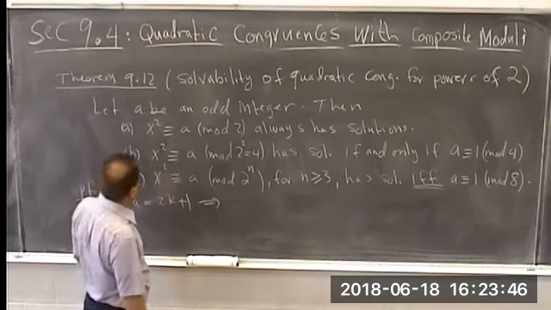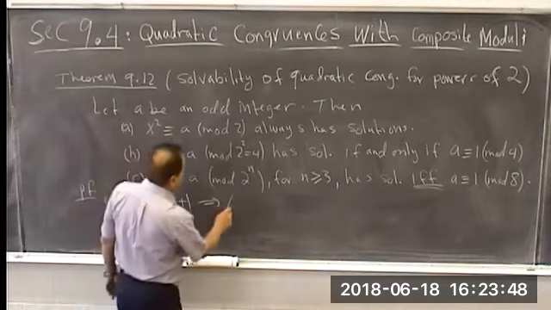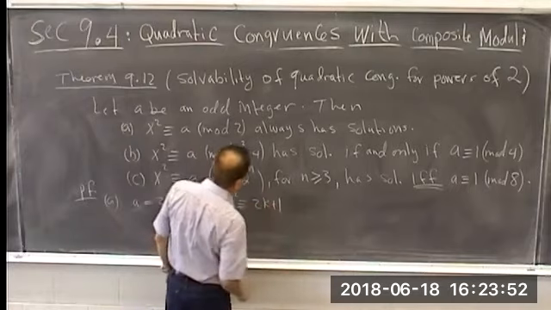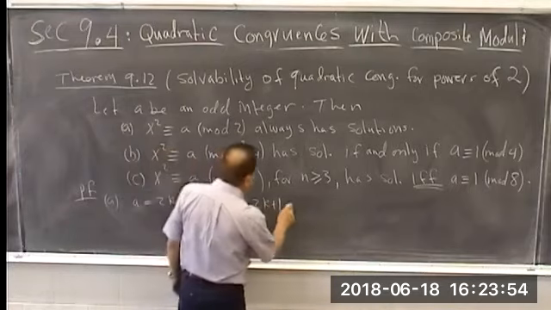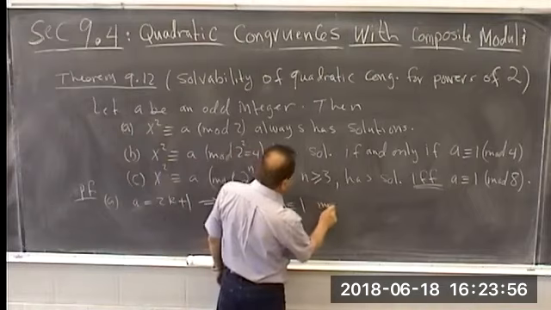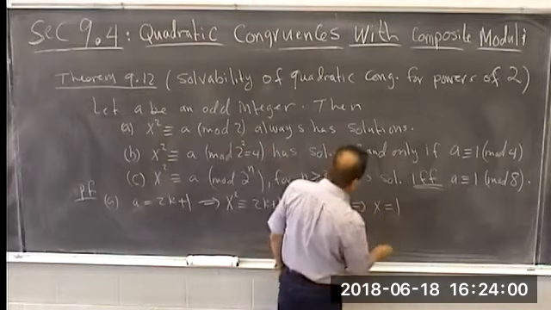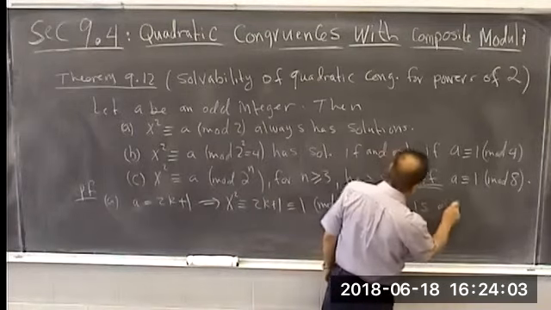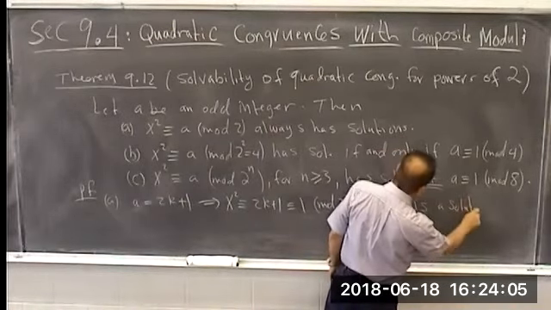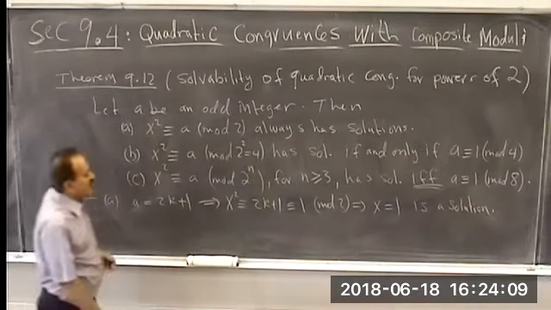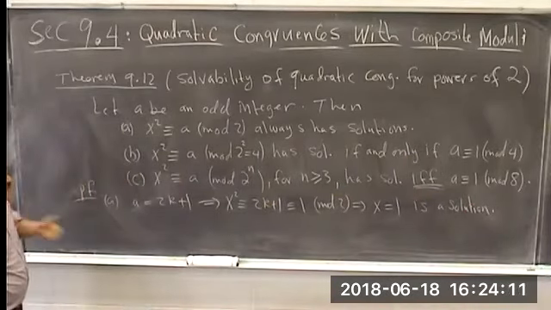We have this one, x squared congruent to 2k plus 1, and this is congruent to 1 mod 2. And this implies x equal to 1 is a solution. It would actually satisfy this, and this is the only solution.